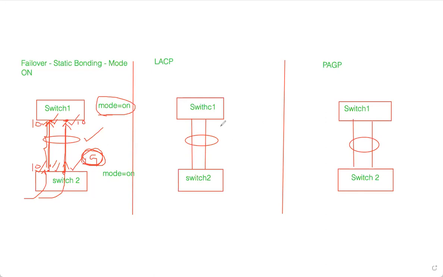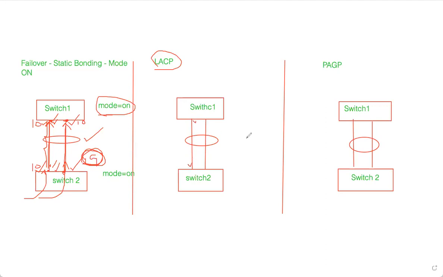Let's talk about LACP here. LACP is an open standard, meaning any vendor supports it. It's not only Cisco; Juniper, Arista, any vendor out there will support LACP. So using LACP, both the interfaces negotiate to form the port channel.